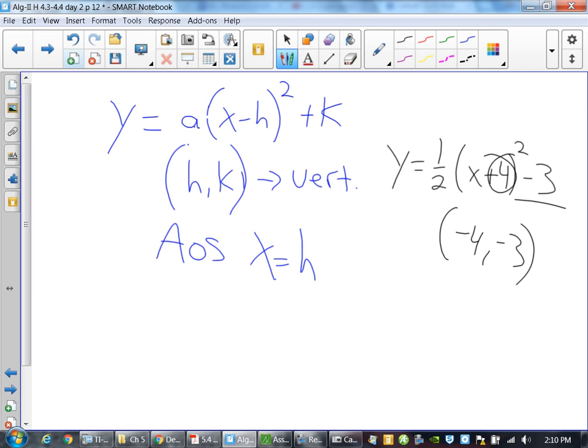Think about point slope form, y minus y sub 1, x minus x sub 1. If your ordered pair was -3 and 2, it would have been y minus 2 and x plus 3.